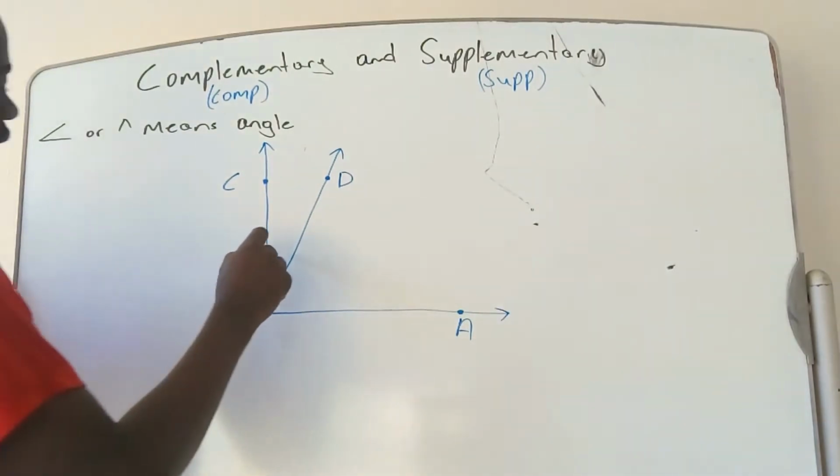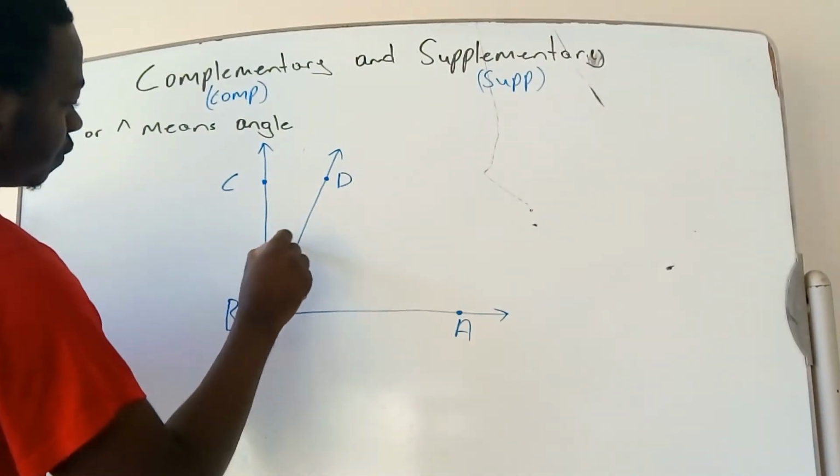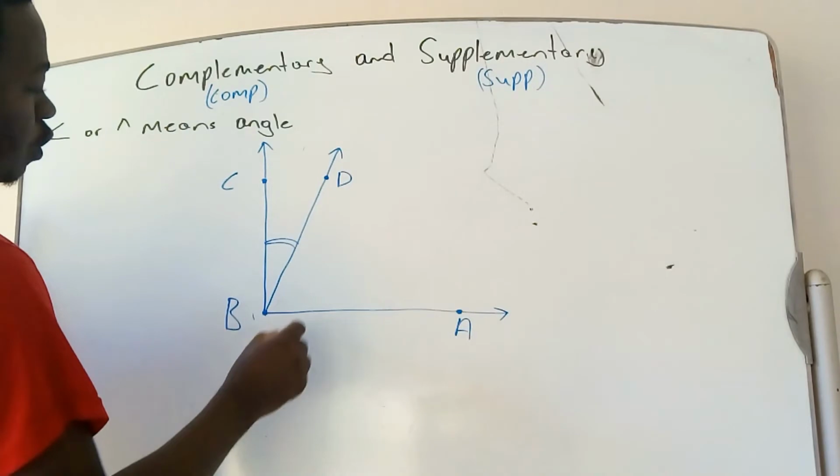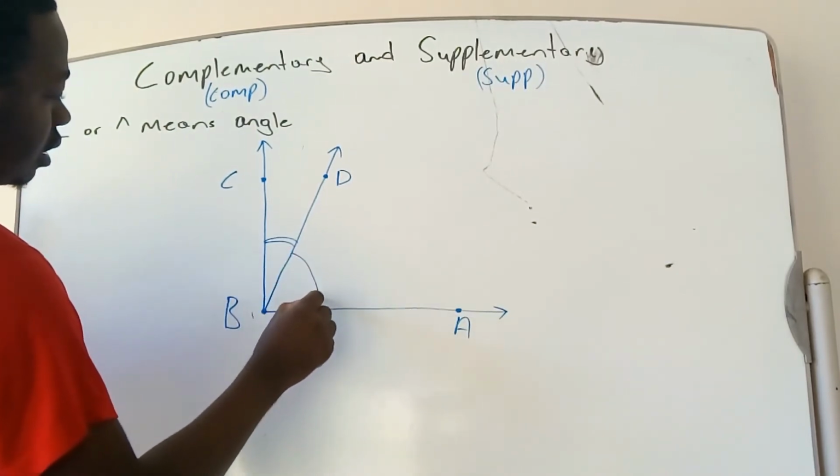We would have formed an angle here, and we would have formed an angle here.